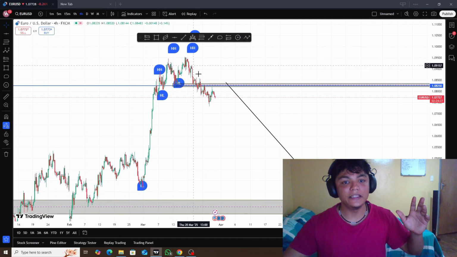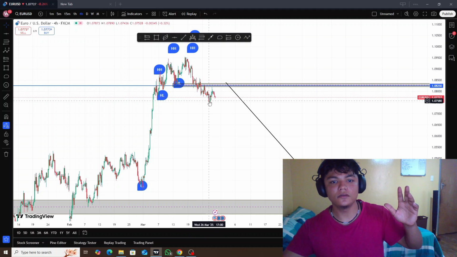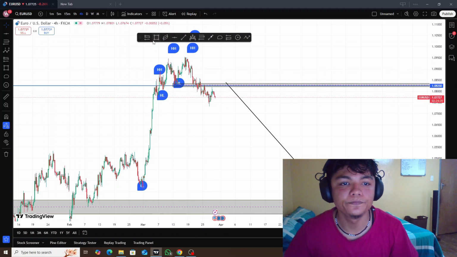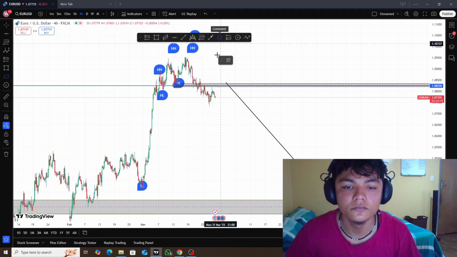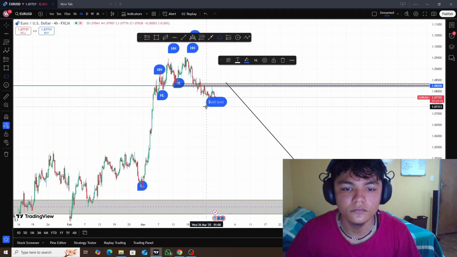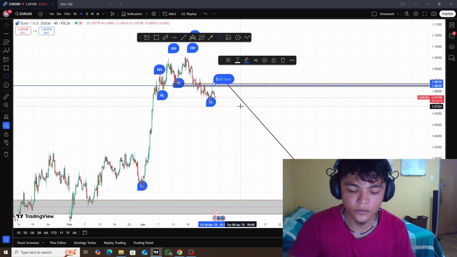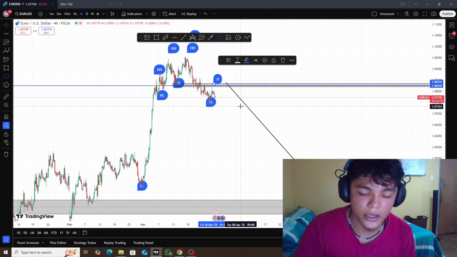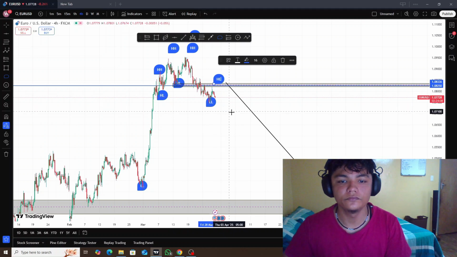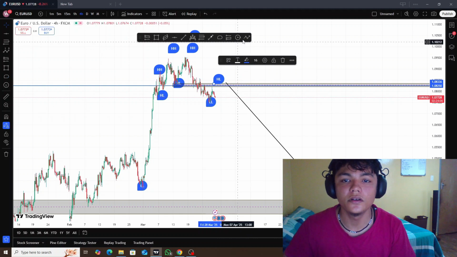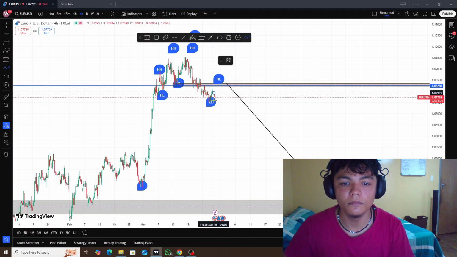Now the market breaks the higher low. It creates a new lower low. Lower low. There would be your new lower high, higher low. And now the market is going to move like this.